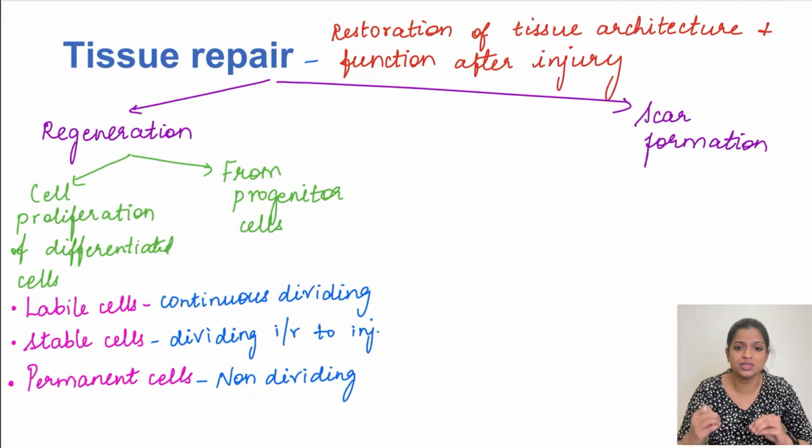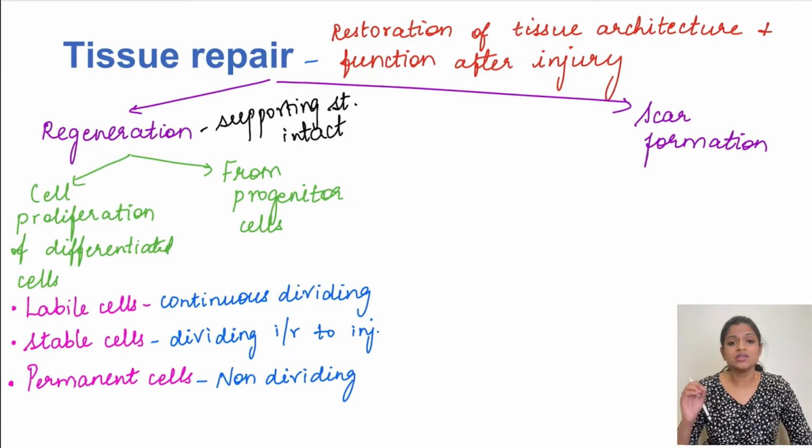So from those tissue stem cells, that is the progenitor cells, new cells can proliferate and come and replace the injured cells. So these two mechanisms will happen for cell regeneration. Cell regeneration can happen only when the supporting structure of the tissue or the organ is intact. So remember, only when the supporting structures of the organ are intact, regeneration can take place.